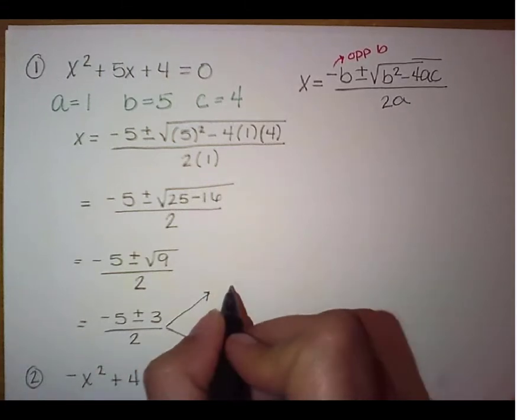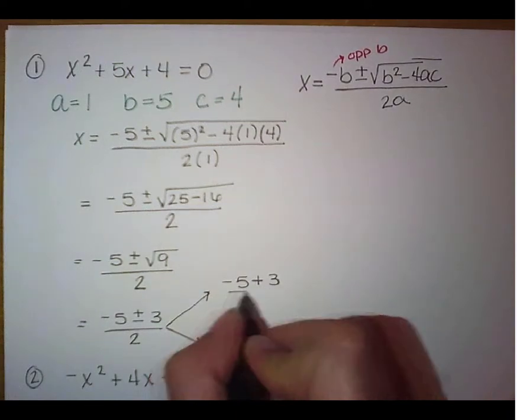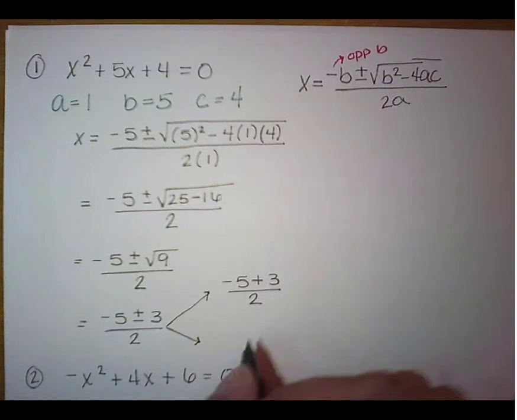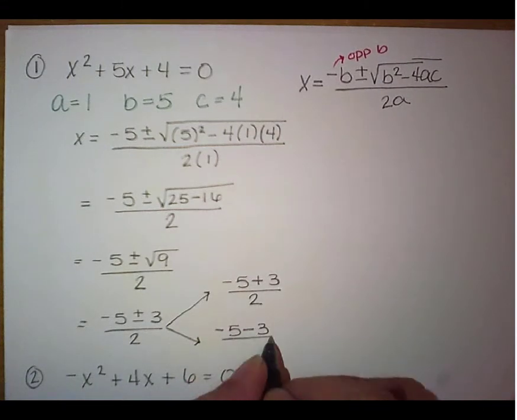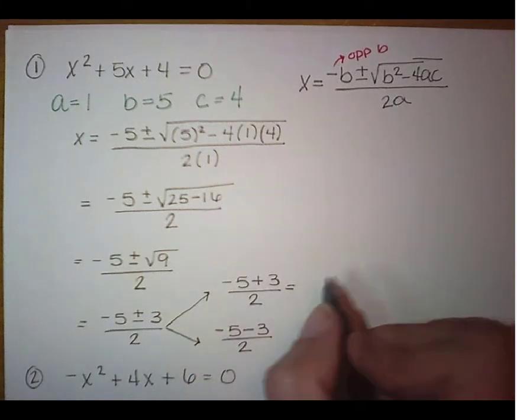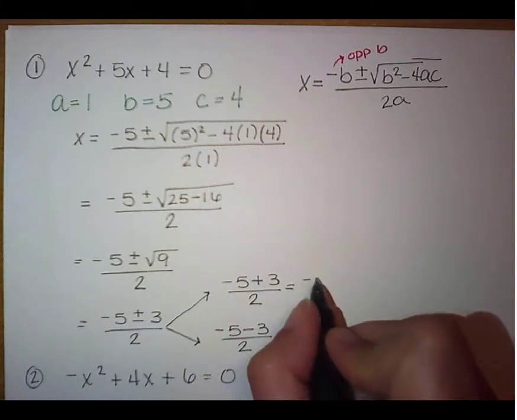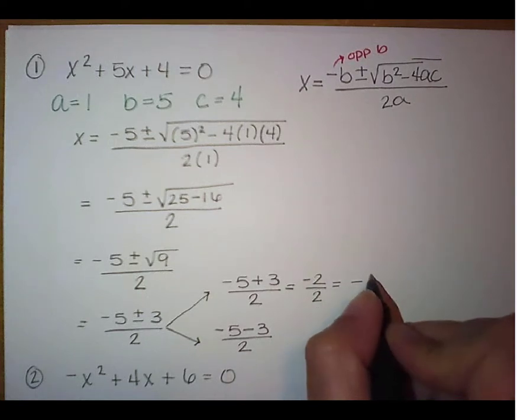So we need to say negative 5 plus 3 divided by 2. And we also need to do negative 5 minus 3 divided by 2. So up here, if we do negative 5 plus 3, that is going to give us a negative 2 divided by 2. That is going to reduce down to negative 1.